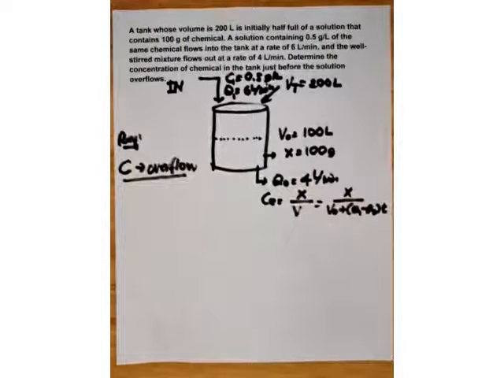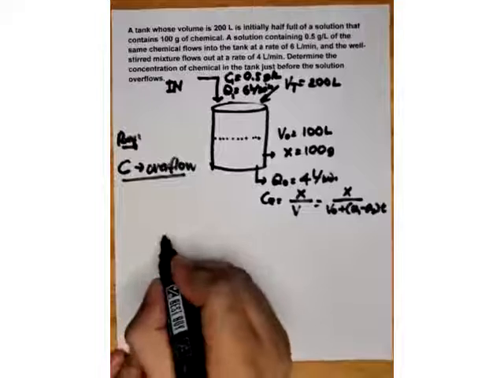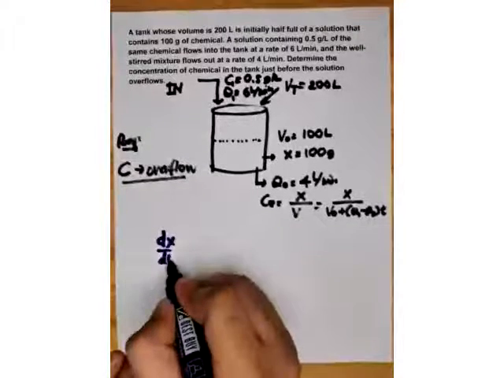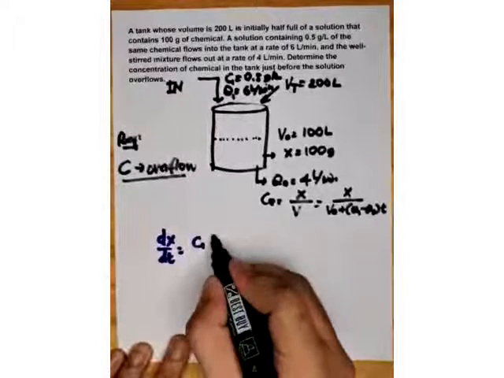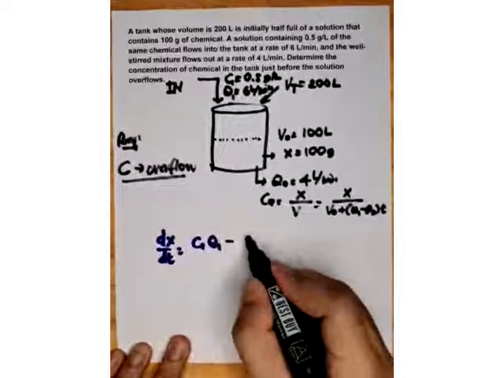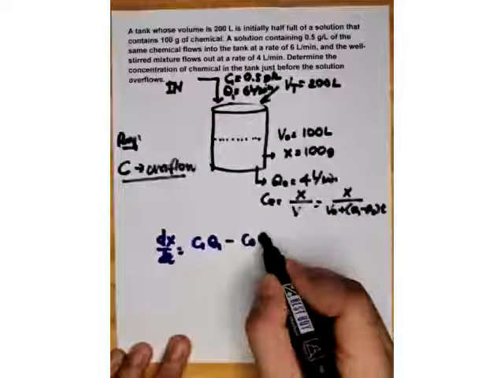Okay, so mamaya na natin isipin yung magiging ano natin. So simulan muna natin sa formula natin. Okay, so dx over dt is equal to CI QI minus CO QO.